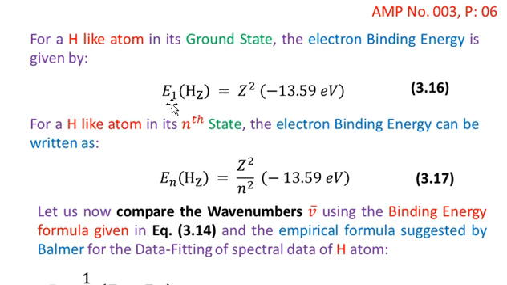So E1, the binding energy of the electron in the first orbit of the hydrogen-like atom, is equal to Z squared times minus 13.59 electron volt.